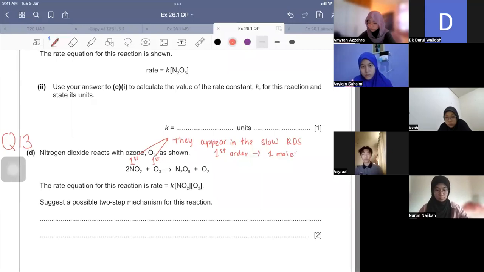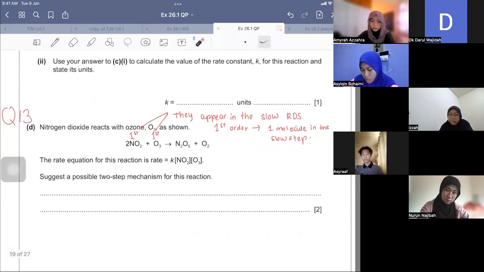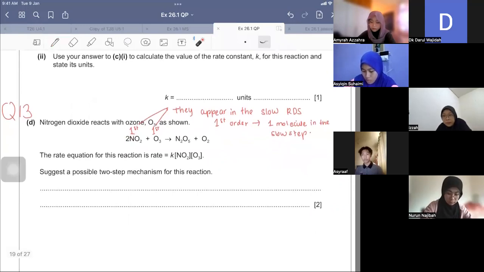Okay, 1 molecule in the slow step. Okay, however, you see that nitrogen dioxide has got 2 moles, right? And that's for later. Okay, I will tell you about it. Okay, so let me just go through this question 13.